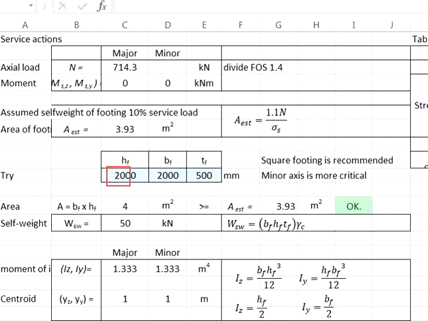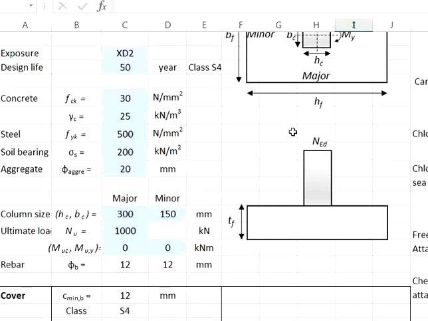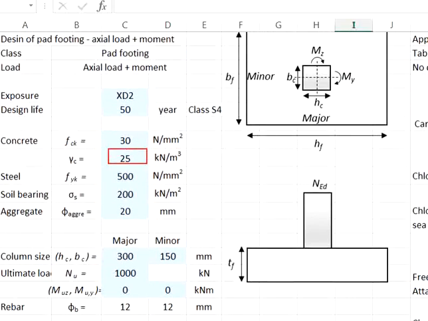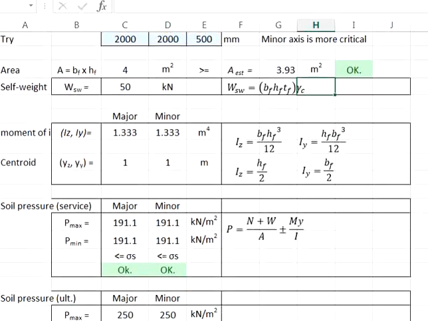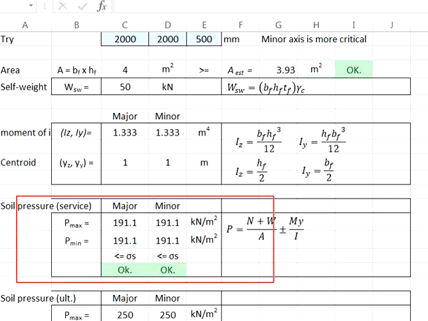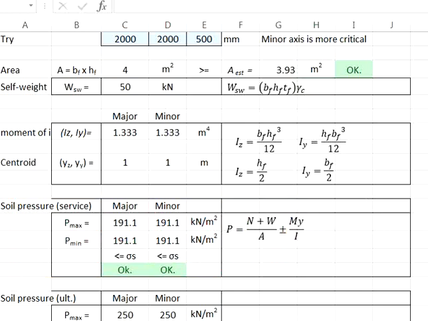Use this 2 meters times 2 meters times 0.5 meter times the unit weight, which is 25 kilonewton per meter cube. It gives you the self-weight equal to 50 kilonewton. Then we will need to confirm the soil bearing pressure is not exceeded.